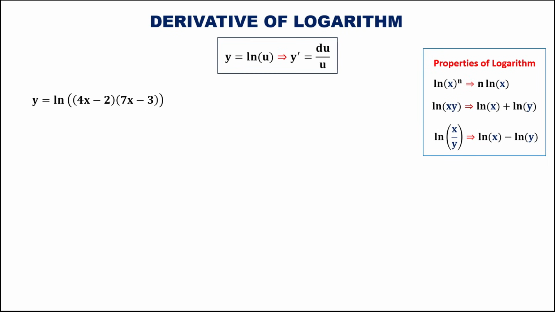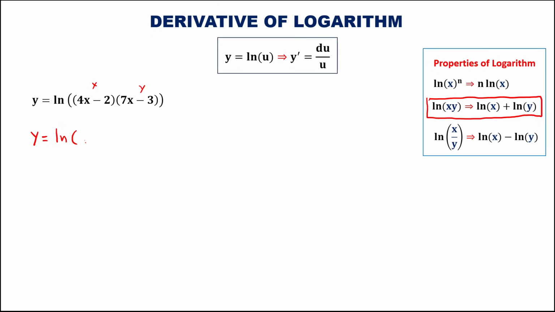Then for this given, to evaluate the derivative, using the product property of logarithm, ln x times y equals ln x plus ln y. So again, from this given, first we need to rewrite.